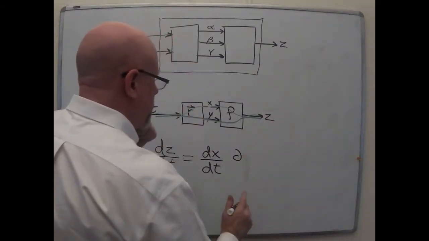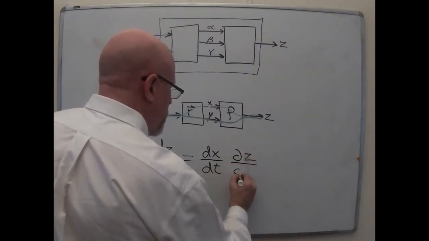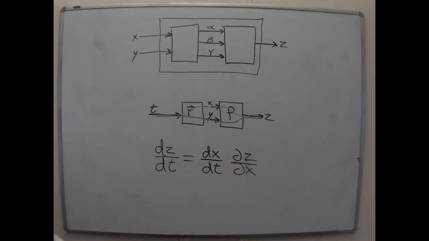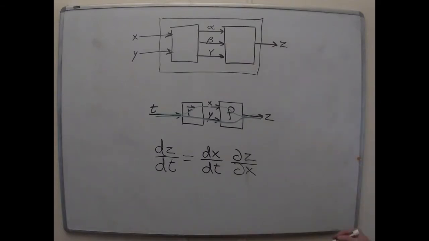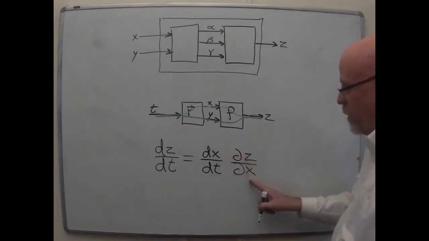We should really stick with the variables when we're talking Leibniz notation. So partial z, partial x. That's just the top route, how t influences z through the line that goes through x. And you'll notice that x and x, there's sort of a cancellation that's going to happen.